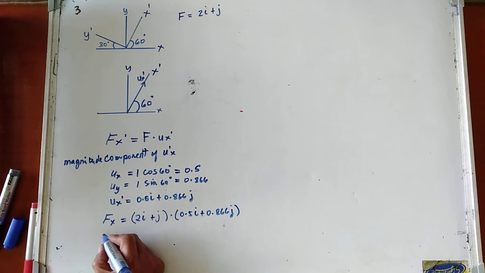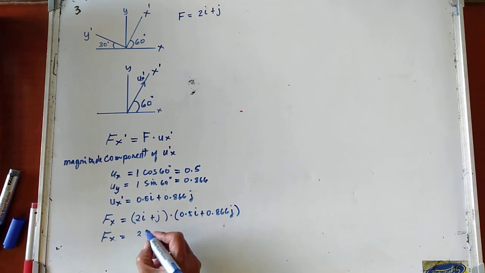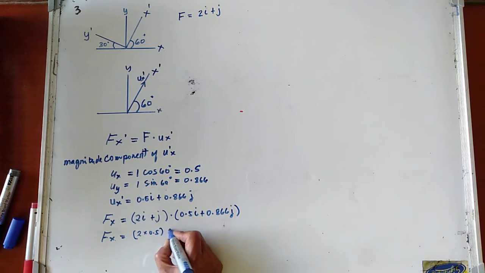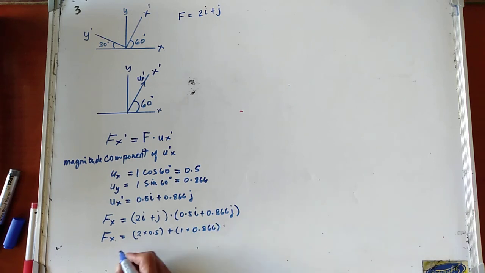Evaluating the dot product, we have 2 times 0.5 plus 1 times 0.866, which is 1 plus 0.866.